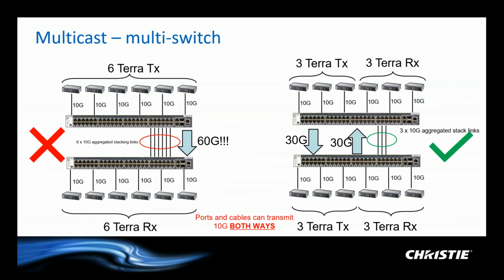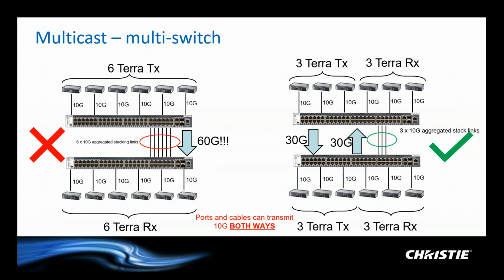In a multi-switch environment, what you've got to remember is that the TX, the transmitters, are always going to try and publish up to potentially a maximum of 10G on the network, and the Terra RX are always going to try and subscribe to a maximum of 10G.